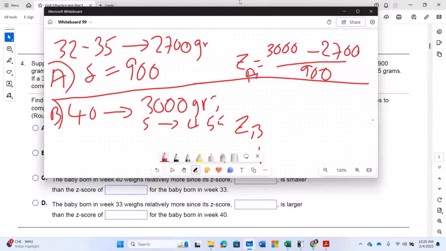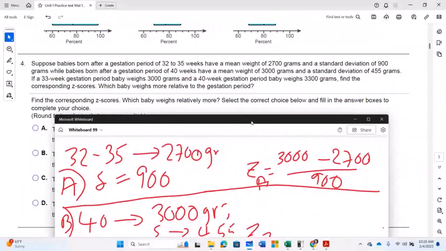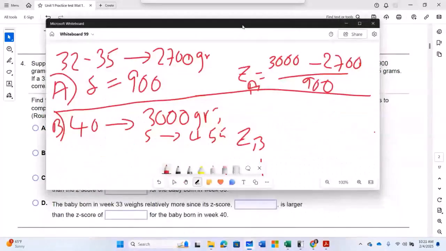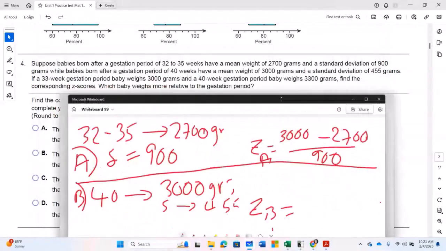Now, the babies born after 40 weeks weigh 3,300 grams. Find the corresponding z-scores. So the one that stays more than 40 weeks in the stomach weighs 3,300.